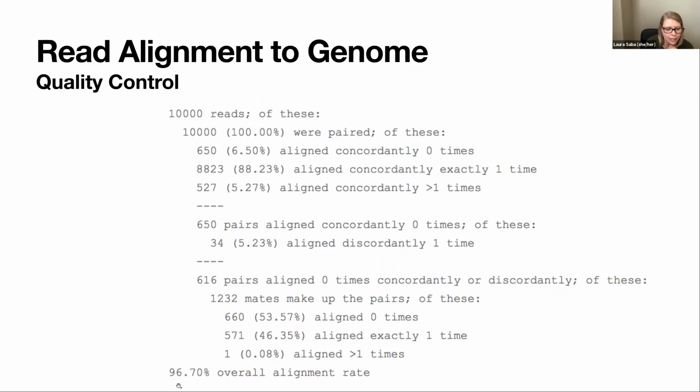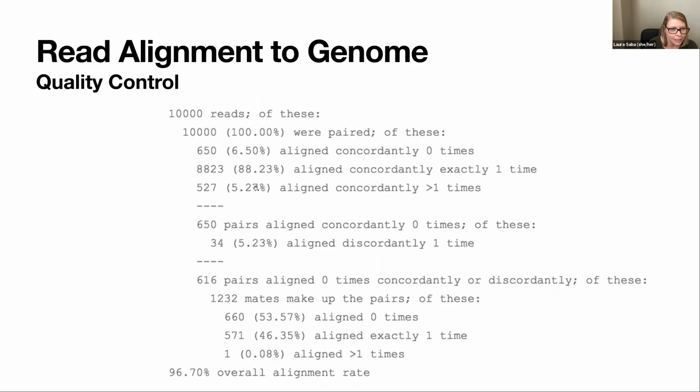The example here is about 96.7%, and that is generally what we see with a good data set with a good genome. So when we're talking about rat RN6, that's what we're seeing. When we align to RN7, a new version of the rat genome, we get a little bit of boost, like 1 or 2 percentage points, but we get a huge boost in this concordance rate.